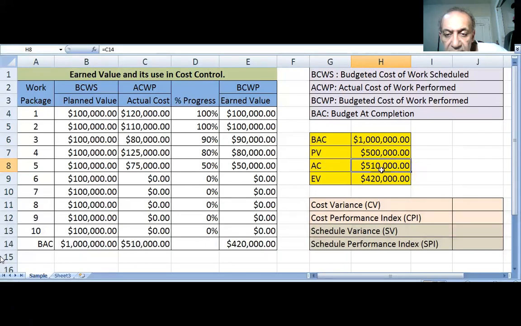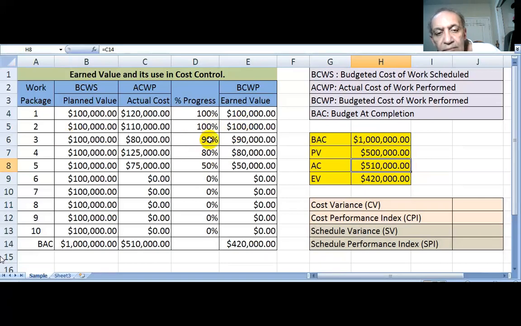To find what your actual progress is, we need to know the percentage of each work package, and we will multiply it with the budgeted cost of work scheduled, or planned value. So we had completed the first two work packages 100%, so we gained 200,000.